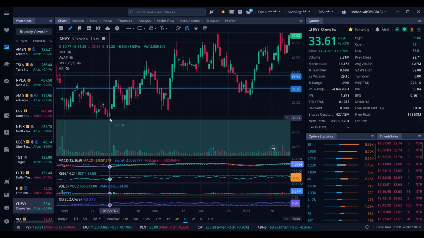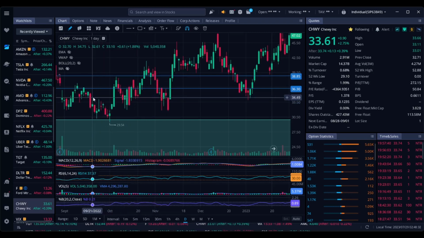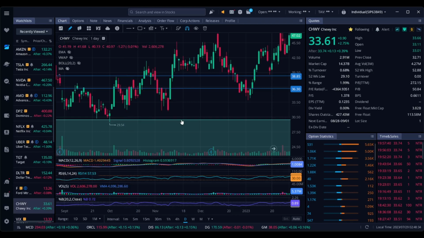Next day, it bounced off here and came up here. You see how this line is right here? It literally bounced, rejected right off of that level at 38.85. Came down, bounced again. So this whole area should really be all support.